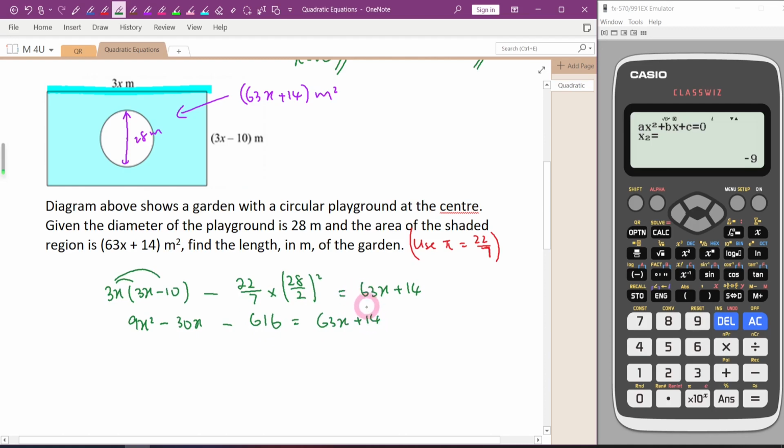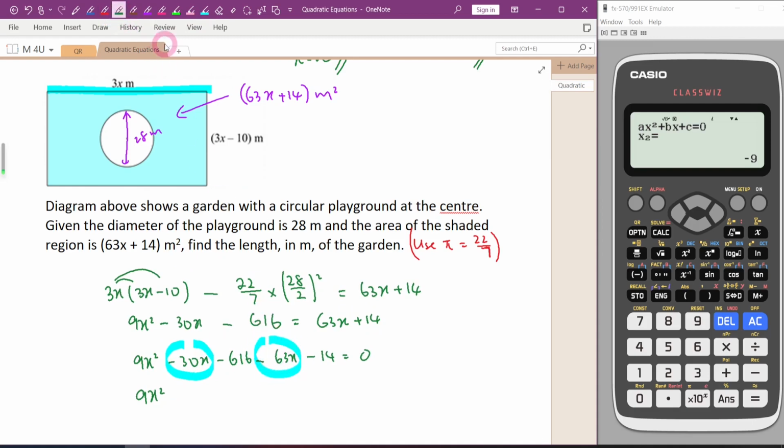So the next step is to write this quadratic equation in general form. 9x squared minus 30x minus 616 minus 63x minus 14. When I move these two terms to the other side, positive will become negative, positive will become negative. Copy the 9x squared. Here we have two like terms, which we can simplify.